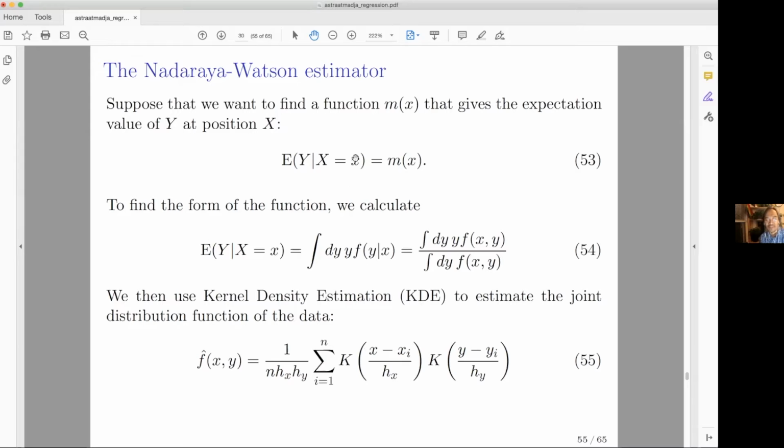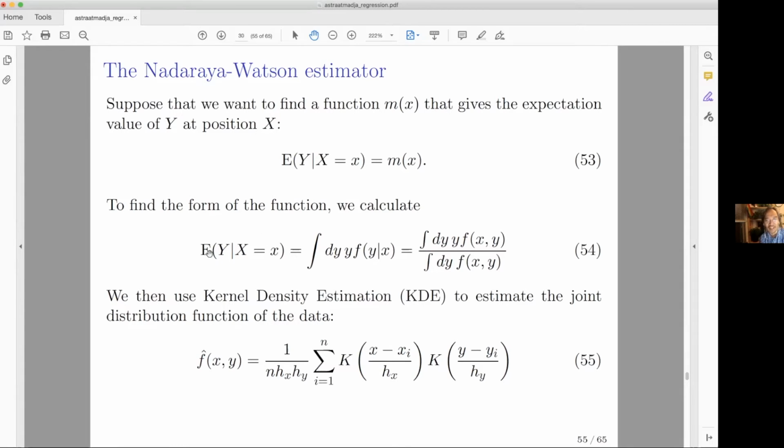What is the ideal bandwidth? This is the derivation of the Nadaraya-Watson estimator. There are other non-parametric regression methods out there, but let's use the Nadaraya-Watson estimator. In principle, we want to find a function that gives the expectation value of y at point x. For that, we have to use the data points themselves.